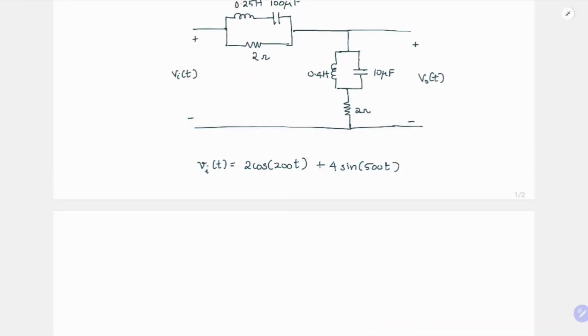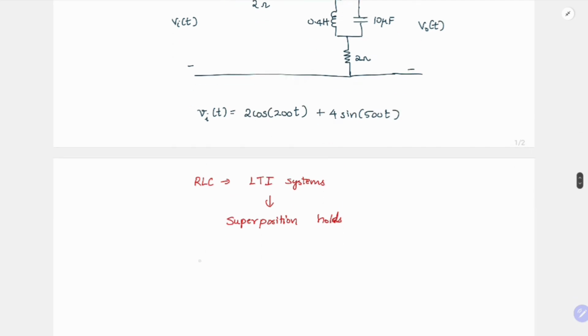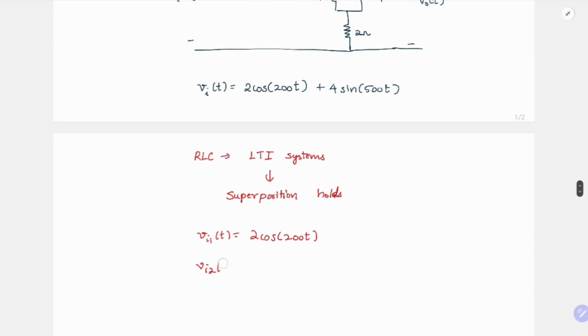One thing to notice is that all RLC circuits are linear time invariant systems. So it means that superposition holds. So this Vi of t, I can separate as Vi1 of t as 2 cos 200t and Vi2 of t as 4 sin 500t, and I'll get my outputs as V01 of t and V02 of t.